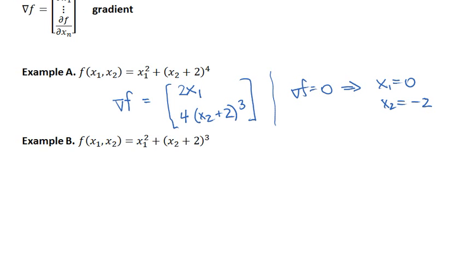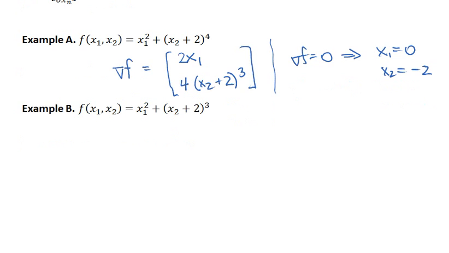So that would be our first order necessary condition for a minimum. Okay, next example, example B. We have a very similar looking function. We can compute its gradient, so the derivative with respect to x1 is just 2 times x1. The derivative of f with respect to x2 is 3 times this quantity squared.